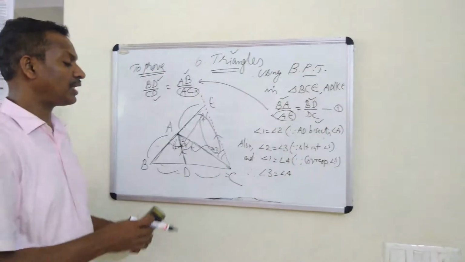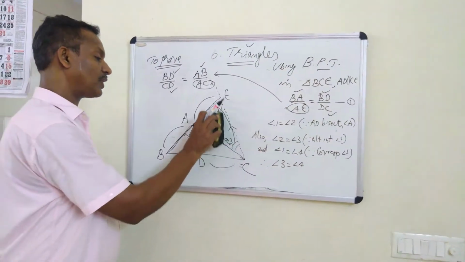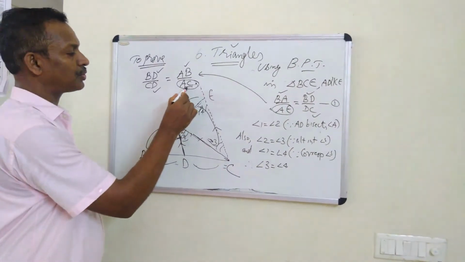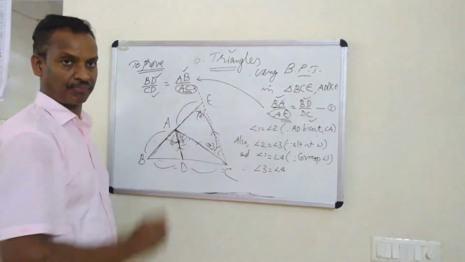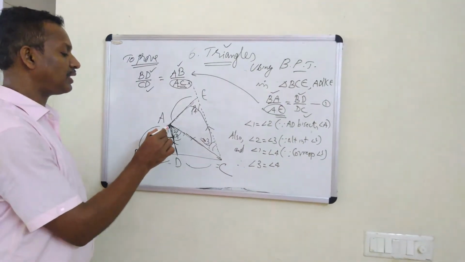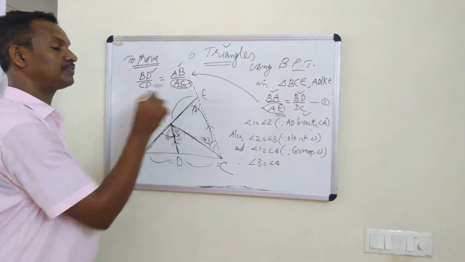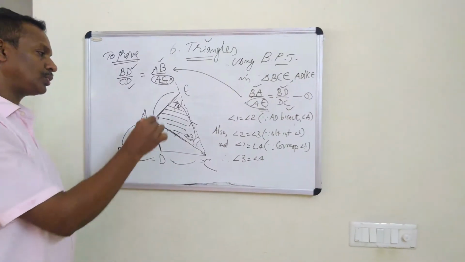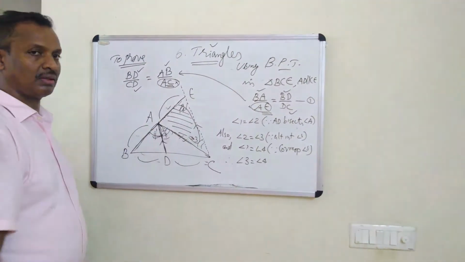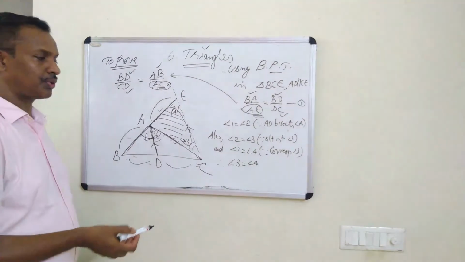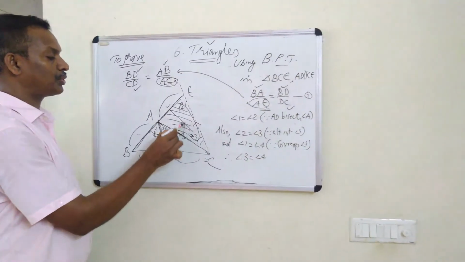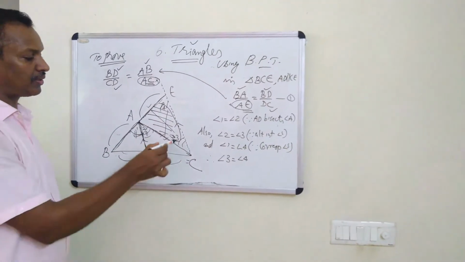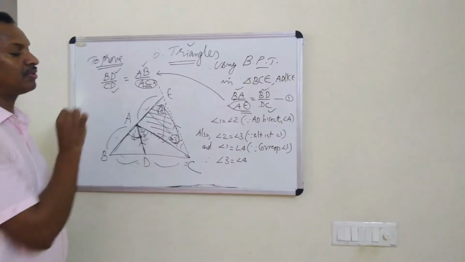Why did we take angle 3 and angle 4 as equal? Because what is our purpose? Always we should have a purpose in doing all these questions. Our purpose is to prove AC is equal to AE, so we look at which triangle AC and AE fall in. They fall in this triangle. Whenever we want to prove two sides of a triangle are equal, the precondition is that the angles opposite to them should be equal. For that, we did all these steps and reached angle 3 equal to angle 4.